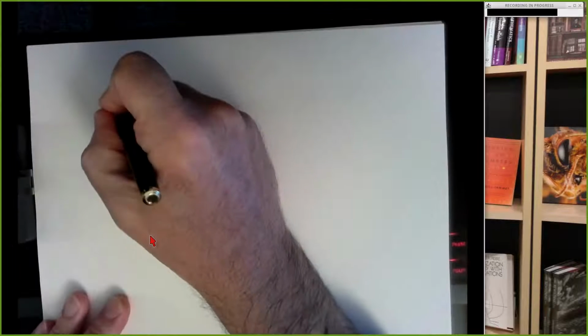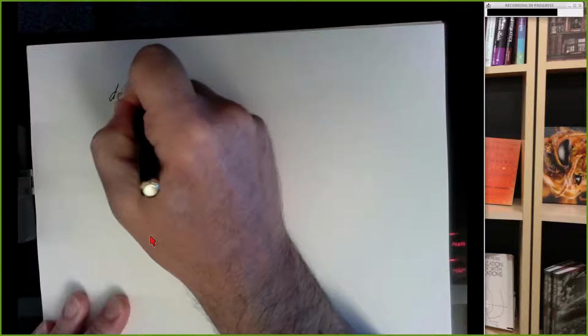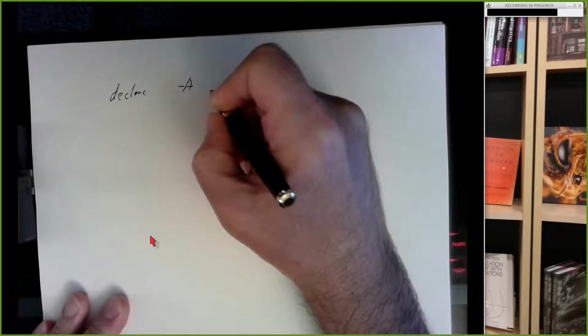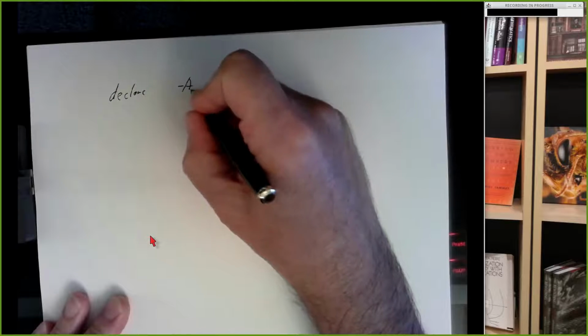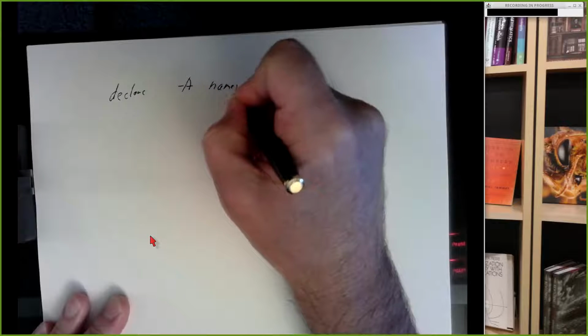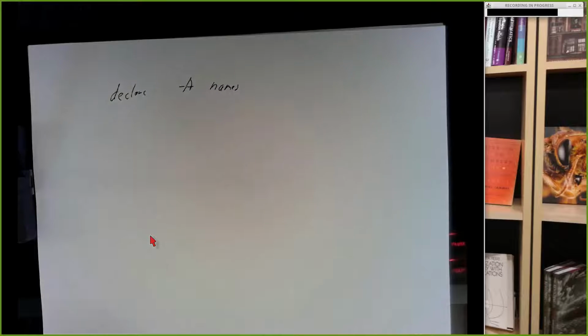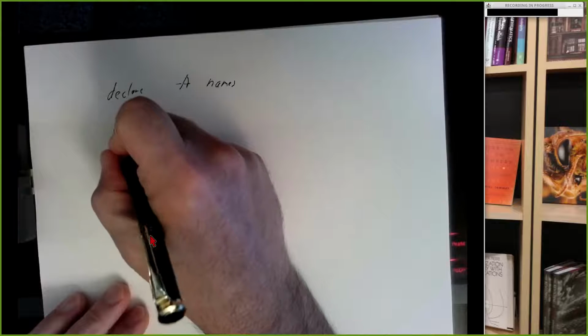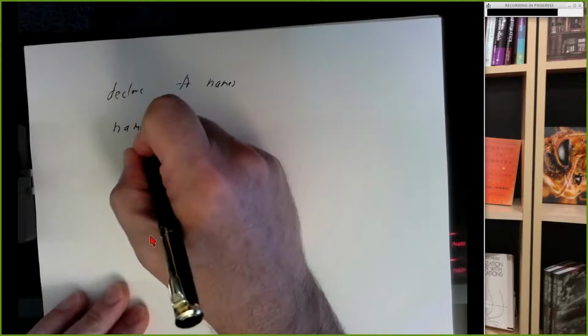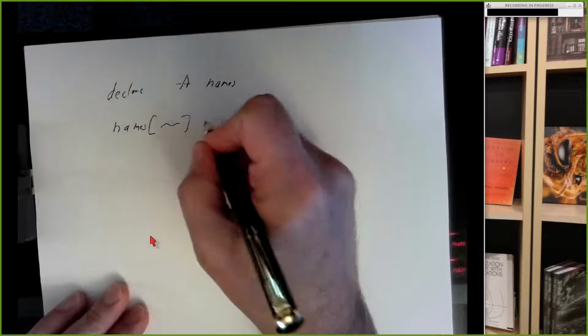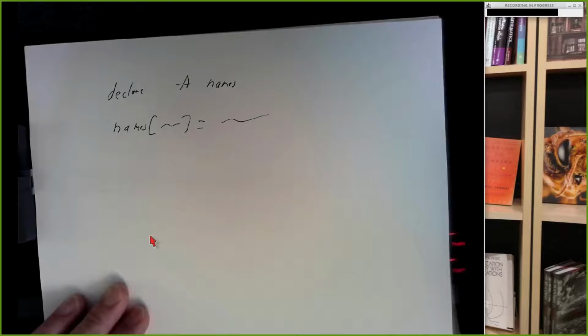So the syntax is like declare -A, whatever your array is called. And to assign a value, we can say name of the array, [whatever] = whatever.